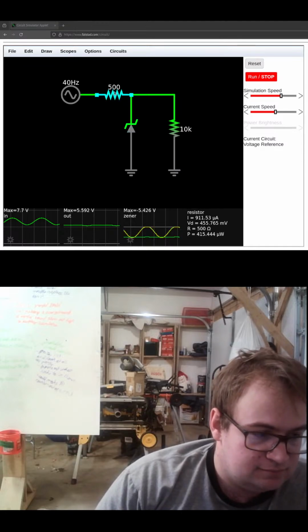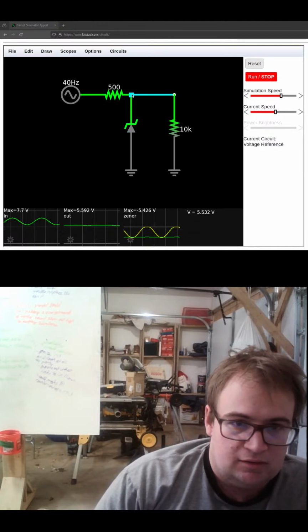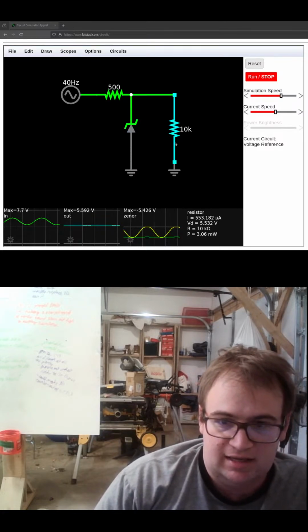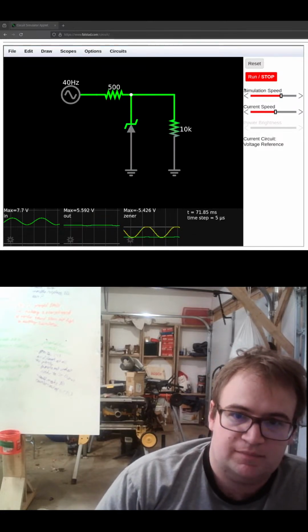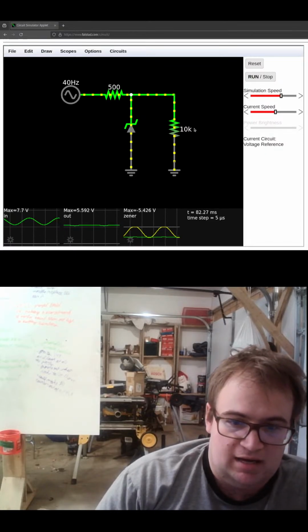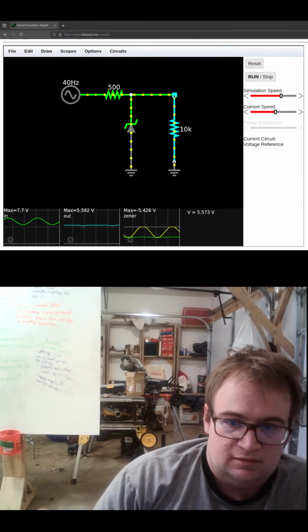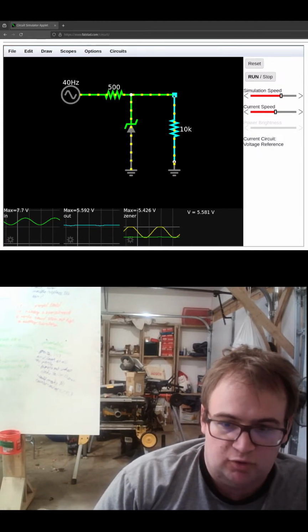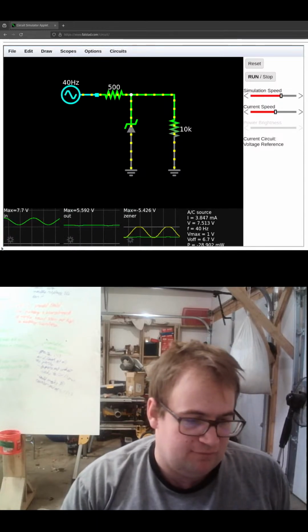So this one will basically hold the voltage right here at this 10K at 5.5 volts. Let's just see if that is correct. And yeah, we're basically going from 5.4 volts to 5.5 volts.